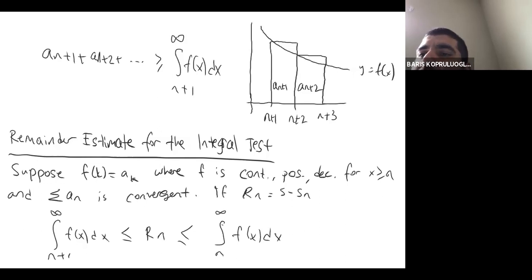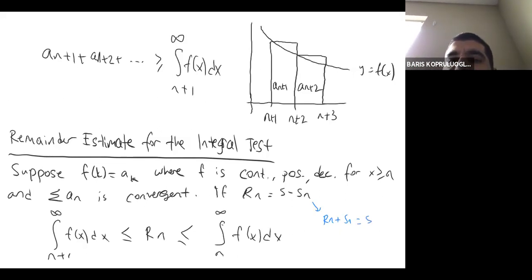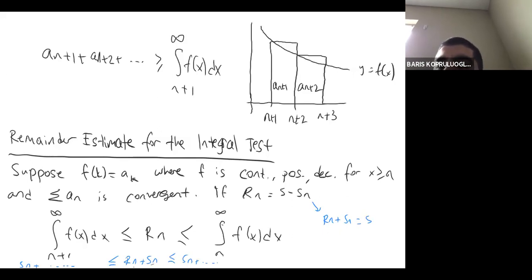Okay, so now if you add Sn to both sides, Rn plus Sn is S. So if you add Sn to both sides, Sn plus that, Rn plus Sn, and Sn plus this, now you will have S in the middle, right? This is going to be S.